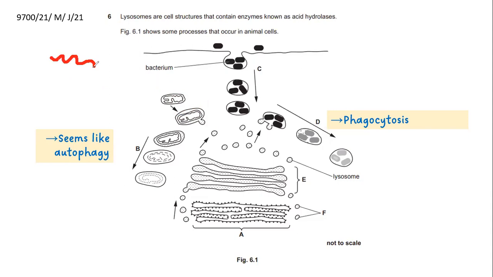It should be somewhere like this. Okay, and then like this. But here it just seems a bit defective, right? So perhaps they are just killing it because it's defective. And this you'd call autophagy.